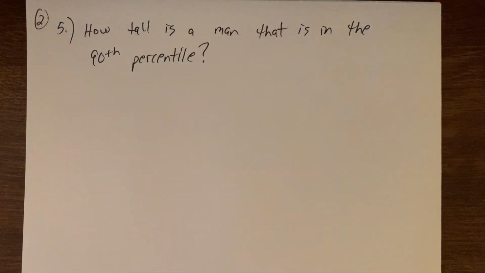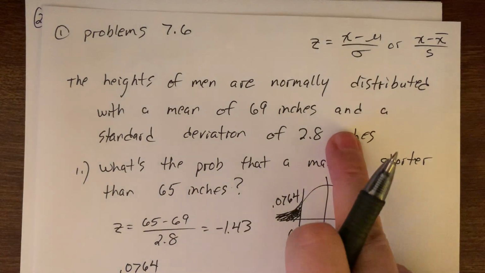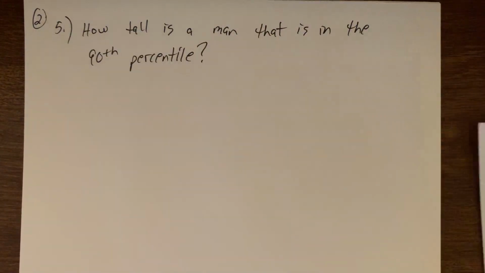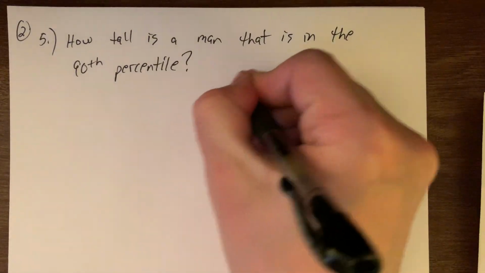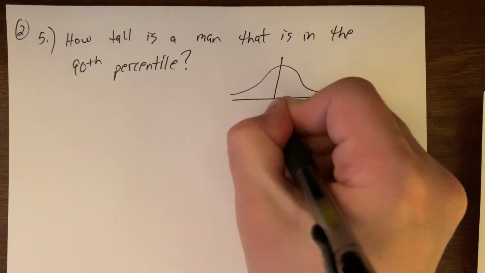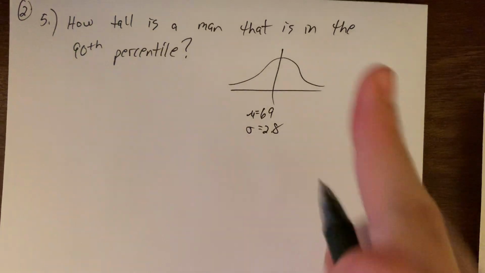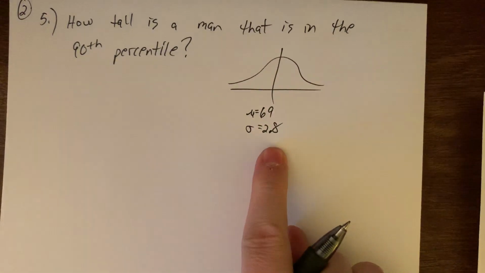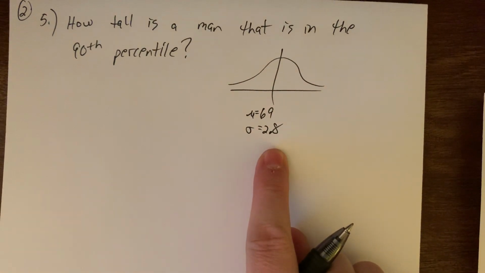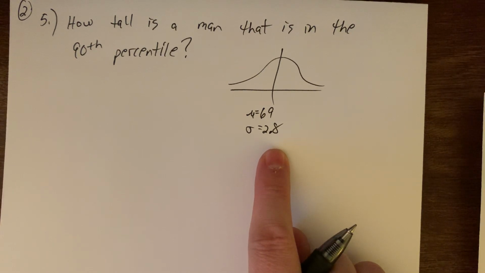So look, if we draw our bell curve. Again, we still have that same starting information. We're still normally distributed. We're still thinking about our bell curve. And we still have the mean of 69 inches and the standard deviation of 2.8. Now, well, first things first. If a man is in the 90th percentile, he's taller than 90% of the men.